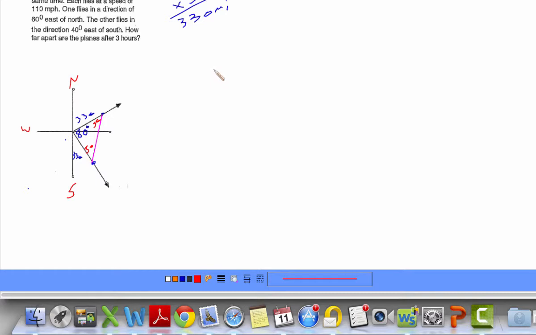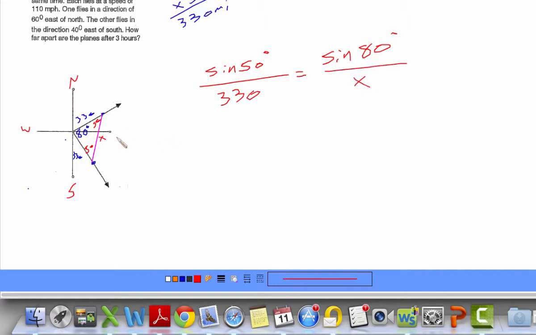I can do the sine of 50, whichever one you want to use is fine, over 330 miles equals the sine of 80 over x, which is how far the two planes are apart.